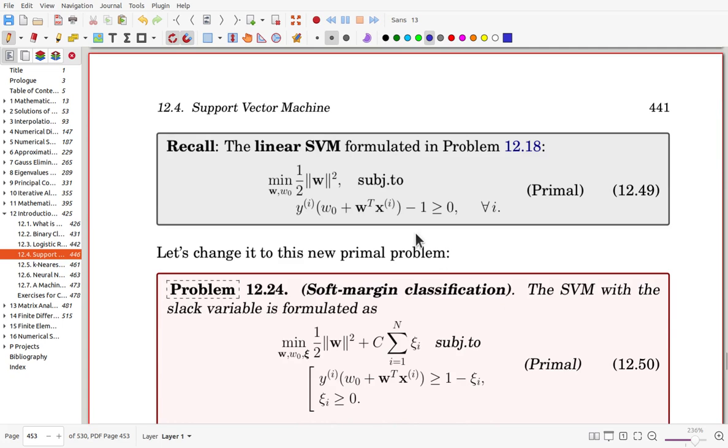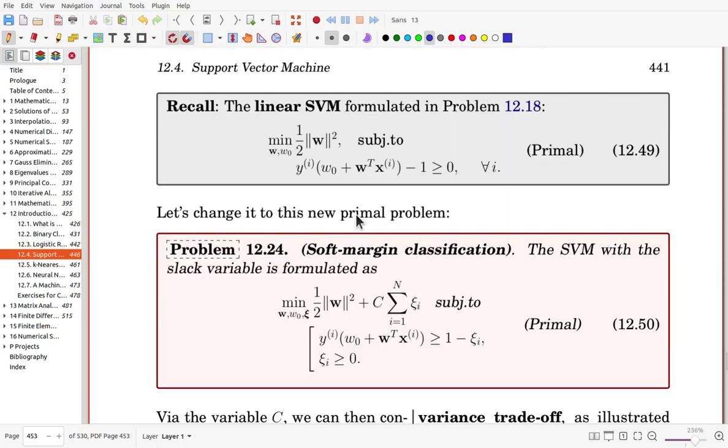Let's recall the original linear support vector machine. It is given in this way: minimization of the norm squared of the weights, subject to these constraints for each point. Now, the corresponding soft margin classification can be formulated in this way.